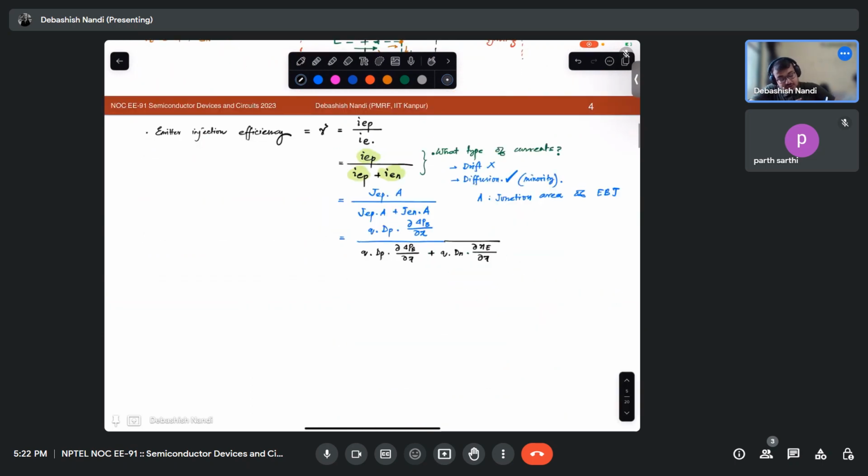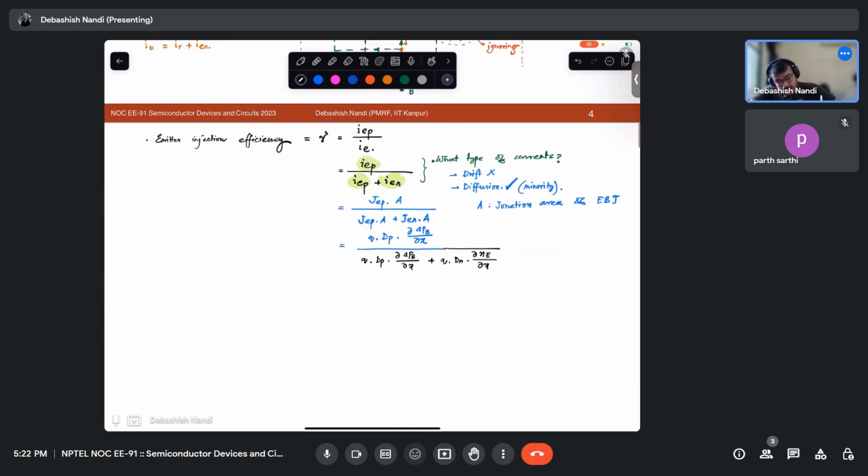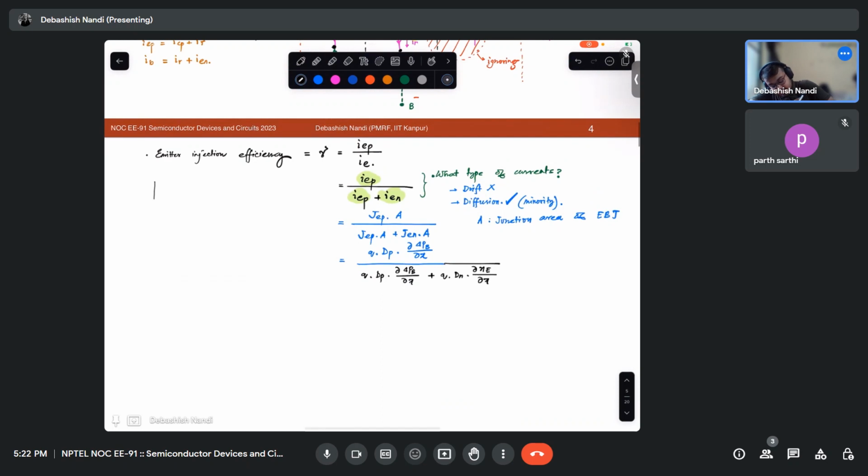Okay, so now suppose this is your diffusion profile. Say this is some del P and it will decay exponentially under the diffusion approximation. If I draw a slope at this point, what will be this length?